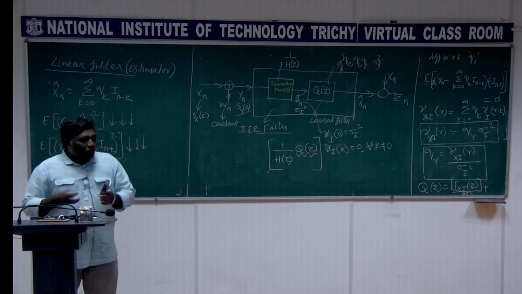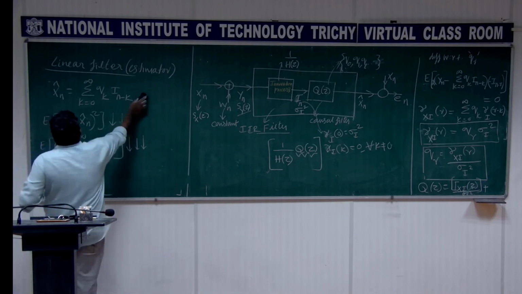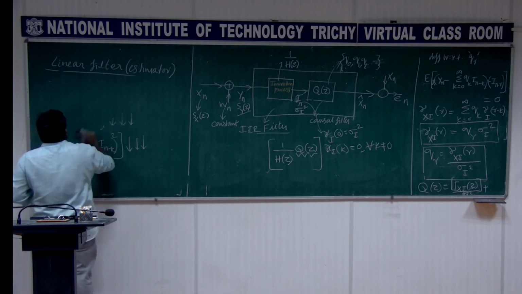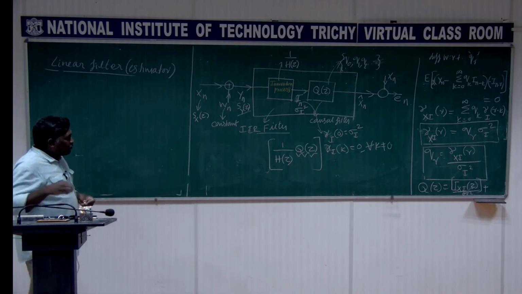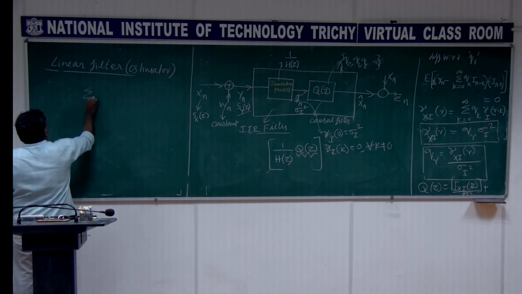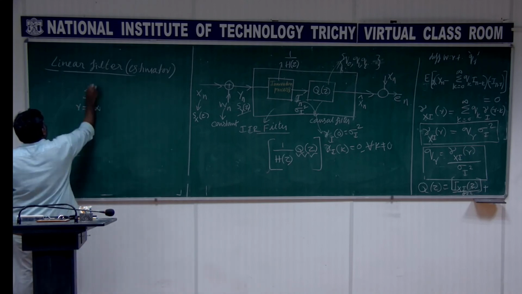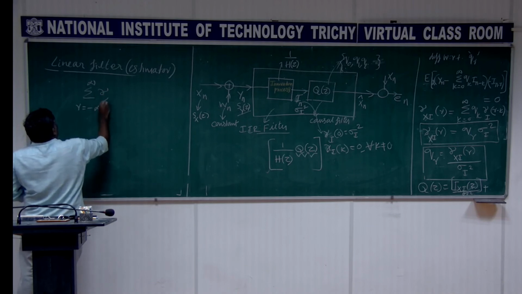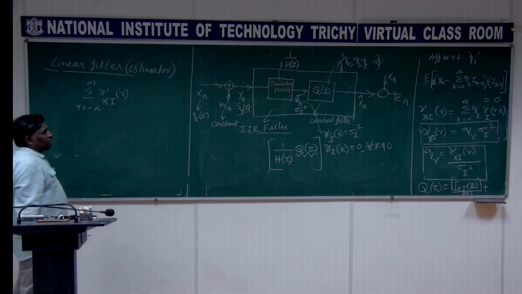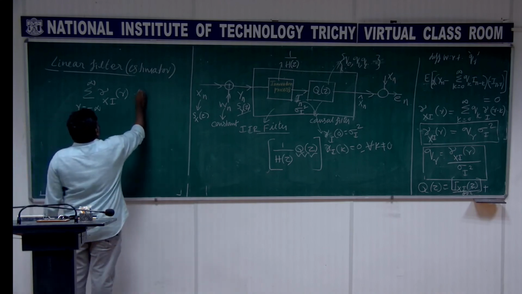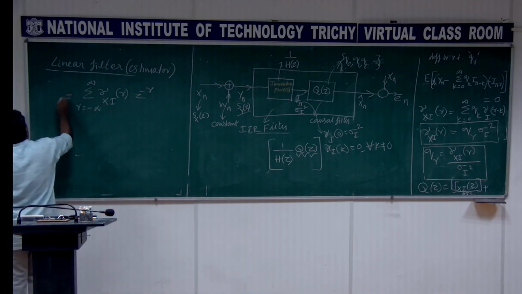Then you are through. But now I want to find out what is that z transformation of gamma xi of r. So sigma r equal to minus infinity to plus infinity gamma xi of r z power minus r.